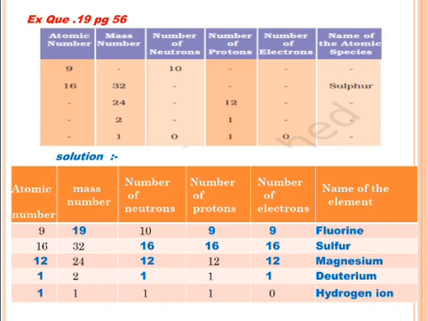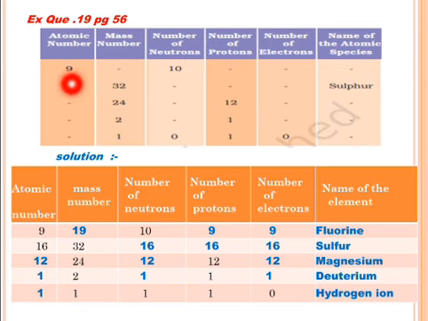Now students, let us fill this table. See what is missing in this table and write the correct answers in their places. This question is also given as question number 19 in the exercise part of chapter 4 on page number 56. So let us do it. See, in the first case, atomic number 9 is given and the number of neutrons 10 is given, but the rest of the information is not given.